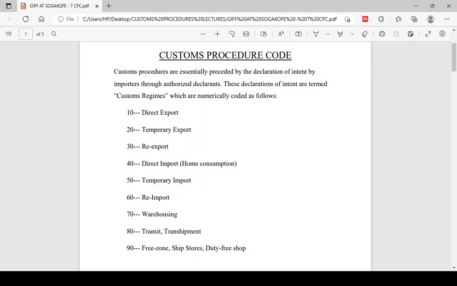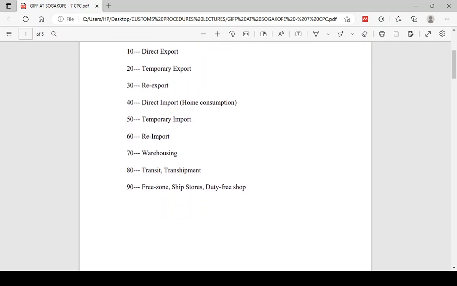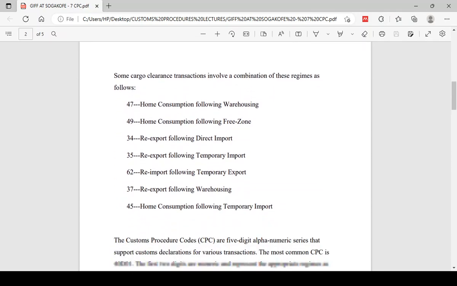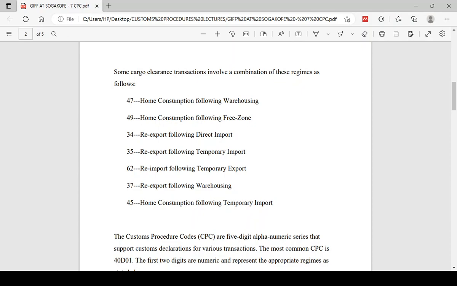But if you go further, a regime can be intended and later the regime can be changed. If that is done, you pick the first digits of the two regimes and put them together, and they form another customs regime. For instance, if you warehouse your goods and you are now coming to take them out for home consumption, the code for home consumption is 40, and the code for the warehousing regime is 70.